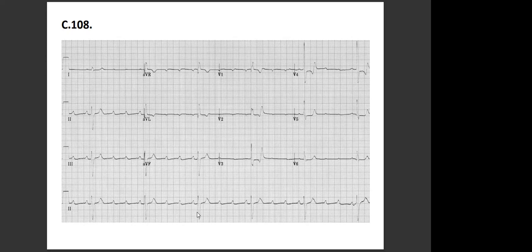For the axis, I think lead 1 is almost equiphasic. So it will be 90 or -90, but AVR and AVL show positivity. So it's about -90 degrees, an extreme left deviation. Between -60 and -90, I would say.